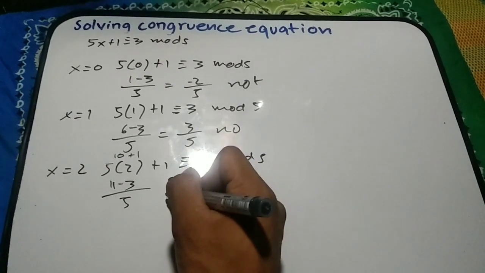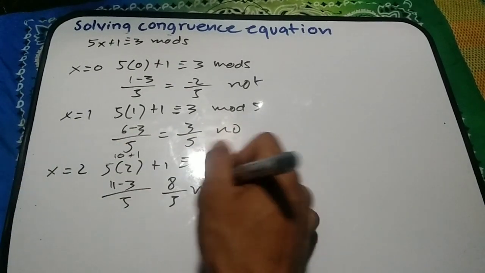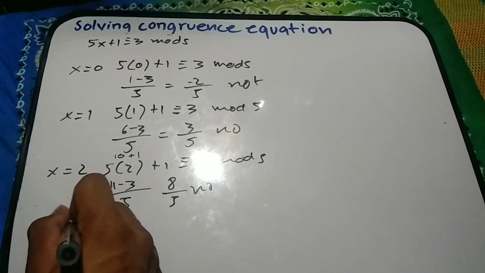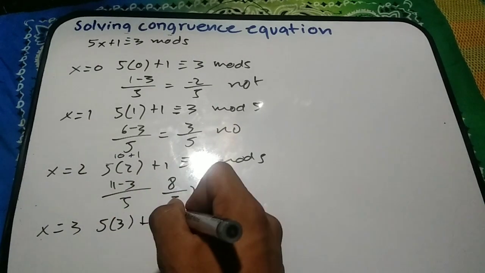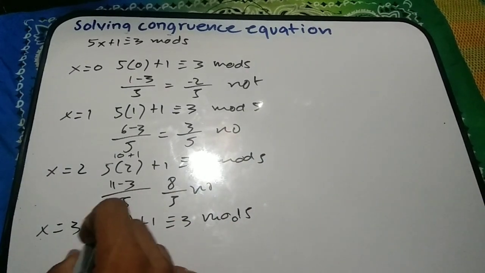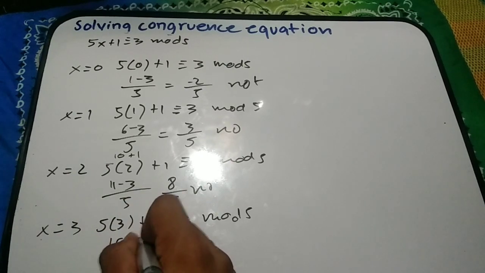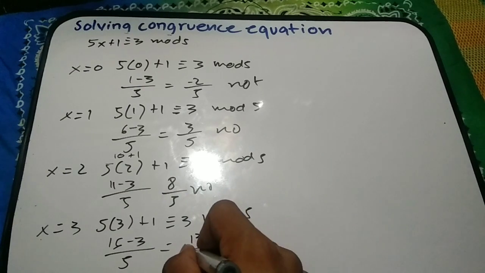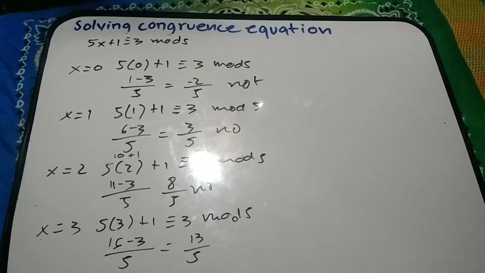So 8 over 5 is not a solution because 3 is the remainder. x is equal to 3. 5 times 3 plus 1 congruent to 3 mod 5. 5 times 3 is 15, plus 1 is 16. Minus 3 over 5, 13 over 5. So not a solution because the remainder is 3.